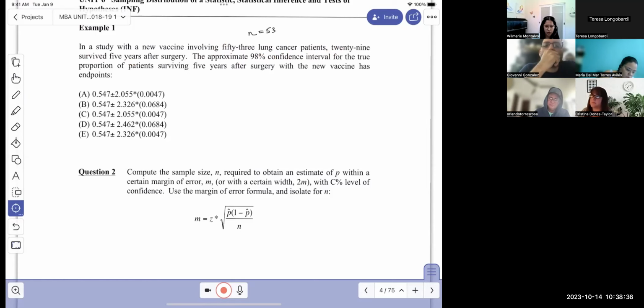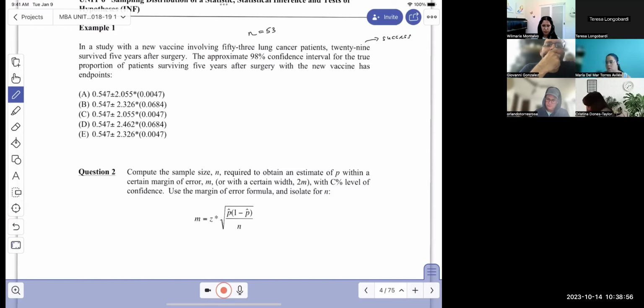29 survived. What symbol would you give that? Successes. Excellent. Success, right? In the very true sense of the word success. So this would be, what letter should I make it? So this is success. Which variable counts successes?